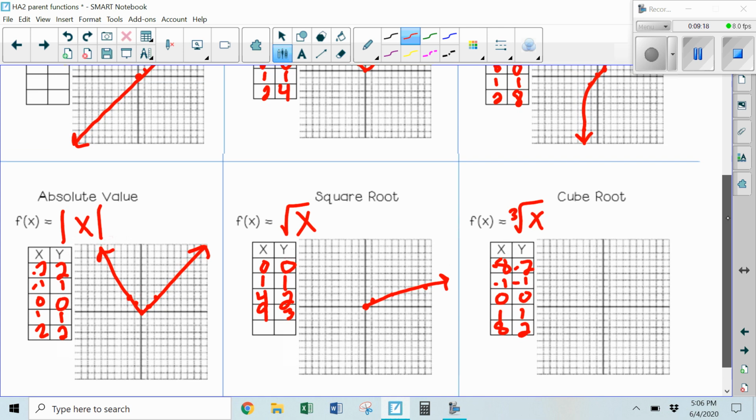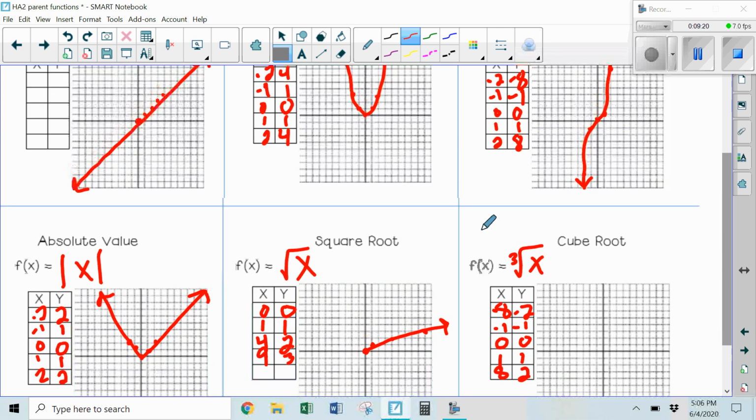You'll notice that this table here and this table here, those are inverses. Notice -2, -8, -8, -2. 8, 2, 2, 8. That will happen when they're inverses.